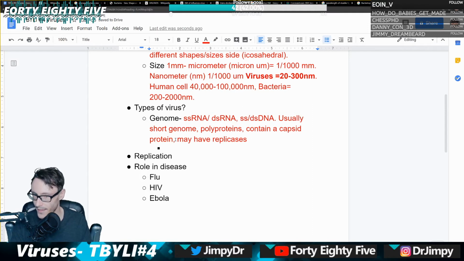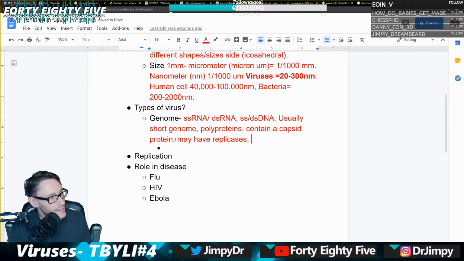They may not have replicases in there. They might be a virus with such a genome that actually the host machinery can do everything that it needs to do in terms of replicating it. But some viruses have certain genomes that need to be processed in order for the cell to then do a bit more processing. So they might have replicases.